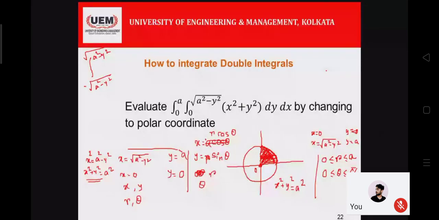Suppose this was minus root over a square minus y square to plus root over a square minus y square. Then what would have been the changes in your calculation? First, identify over which region you are integrating in that case, and then try to figure out the changes.